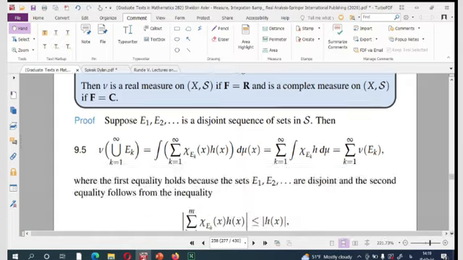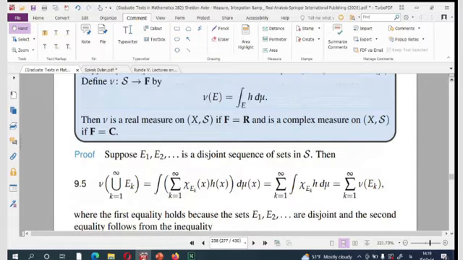This proof is very easy because for any disjoint sequence in S, nu of this union equals this by our definition. Please note that we must put this union instead of E.